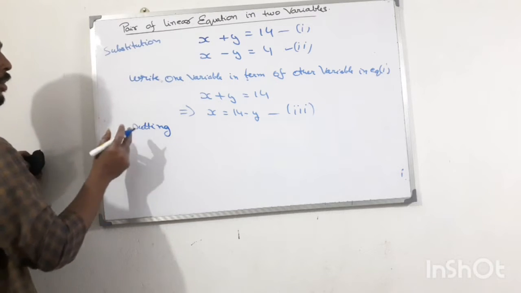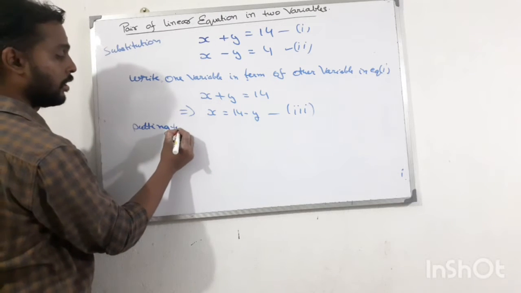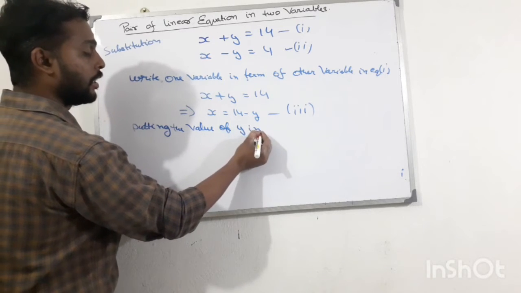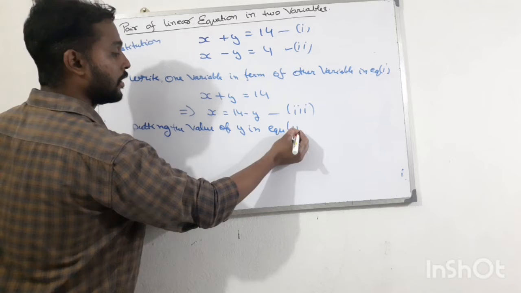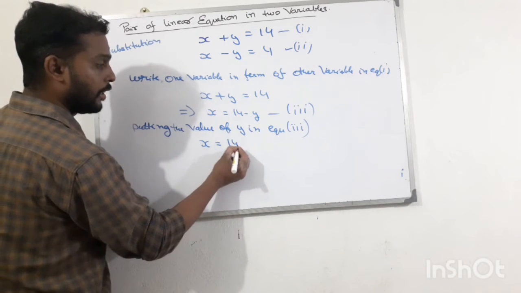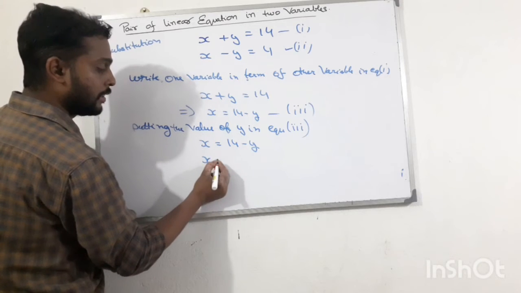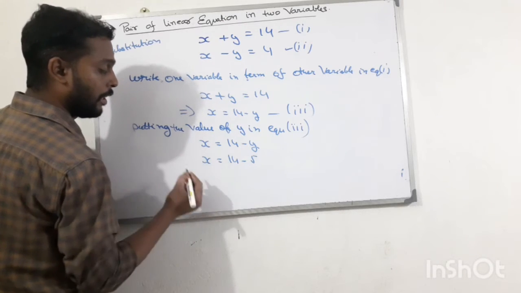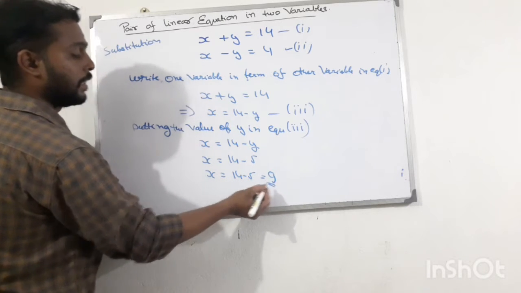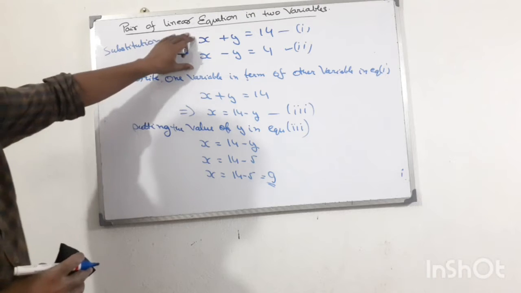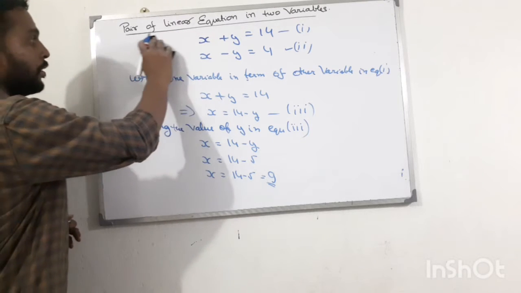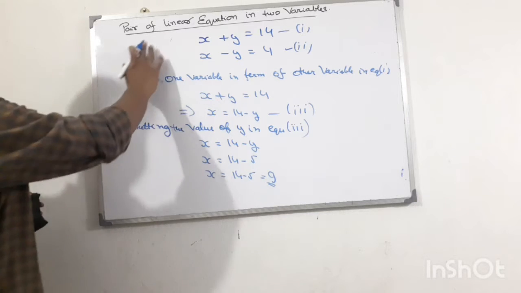We can use both terms, putting or substituting, the value of y in equation 3. Equation 3 is x is equal to 40 minus y, and the value of y is 18, so x is equal to 40 minus 18, which is 22. Like this way we can solve this linear equation by using substitution method. Then we have to solve this equation by the help of elimination method.